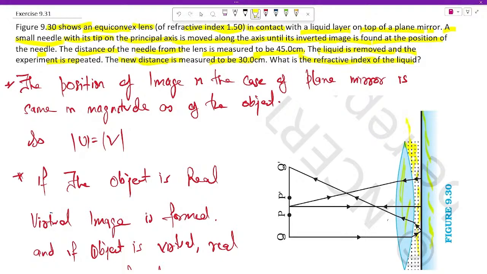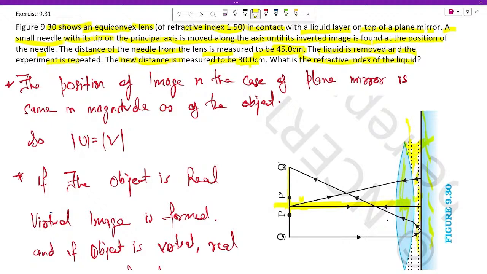When the liquid layer is present, the image of a pin at the position PQ is formed at the same position, and when the liquid is not present, the same repeats as well. The only change is the distance between the object and the lens and mirror system. When the liquid is present, the distance is 45 centimeter, and when the liquid is not present, it is 30 centimeter.